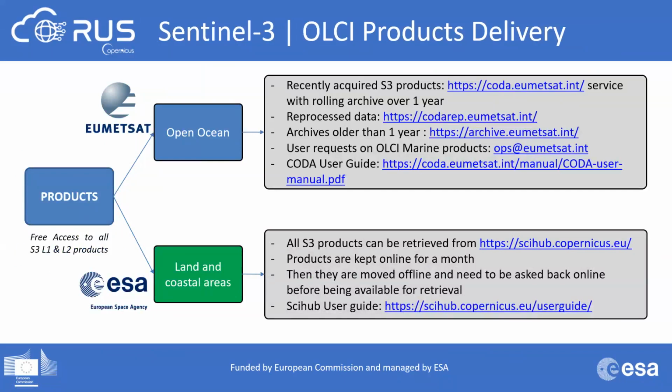The open ocean products are distributed by EUMETSAT on the CODA data hub. This data hub has a rolling archive over a year. Products older than a year are then moved to the archive.eumetsat.int data hub. The reprocessed product collections will be distributed on the codarep.eumetsat.int data hub.